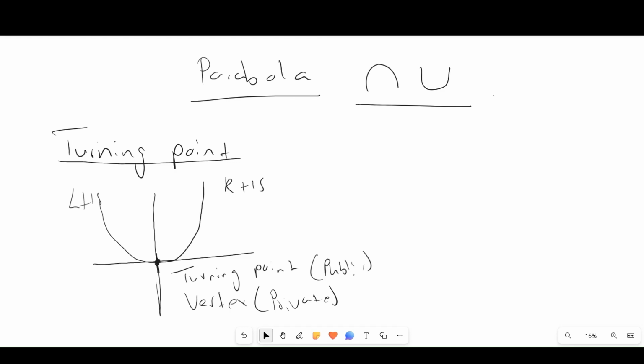Now, the parabola is very interesting. That's why a lot of students get it. It has an x-intercept like all the other graphs.